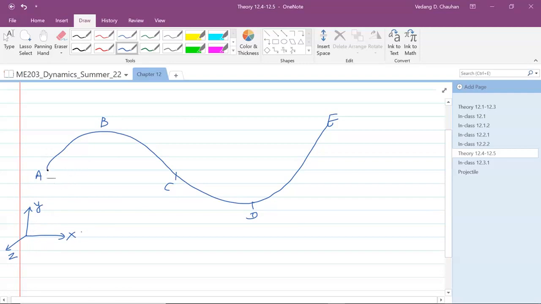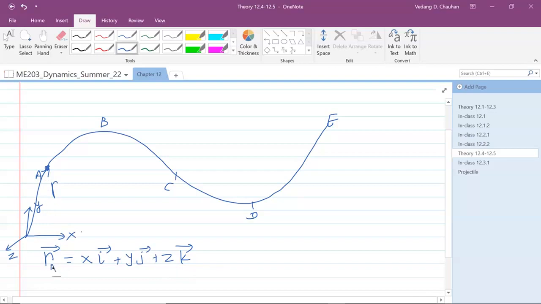We can define the position of the particle at each location using a position vector R that defines the X, Y, and Z coordinates for that point, and we can write that position vector as X times i plus Y times j plus Z times k, where X, Y, and Z are the coordinates of that point.